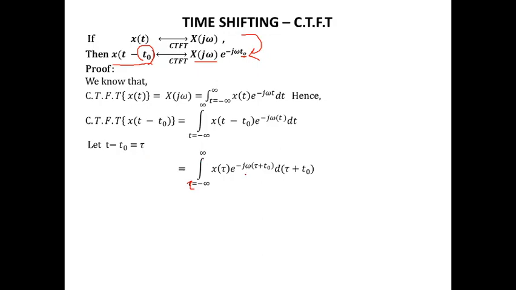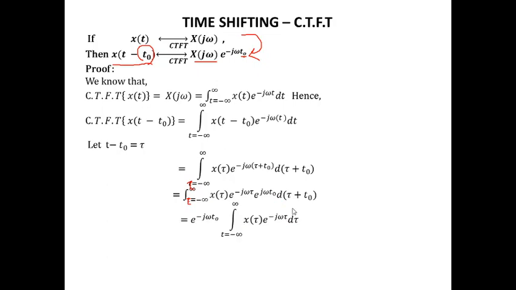So e power minus j omega, in the place of t you are replacing it as tau plus t naught, into d of tau plus t naught. The next step is, the integration limit should be with respect to tau, because we have changed the variable of integration. So here x of tau, expand this: e power minus j omega tau, e power minus j omega t naught, d of tau plus t naught.